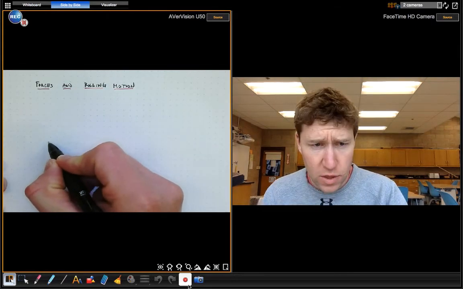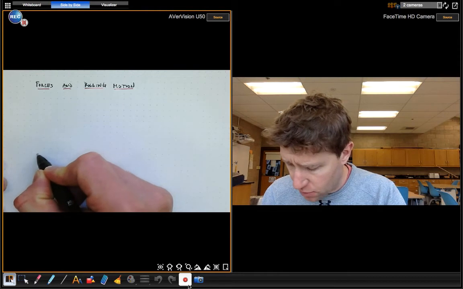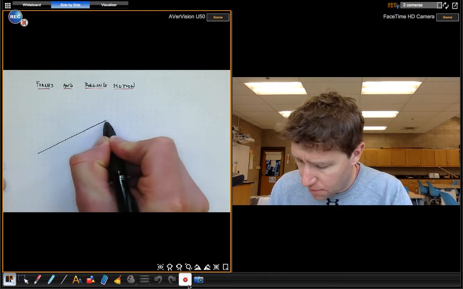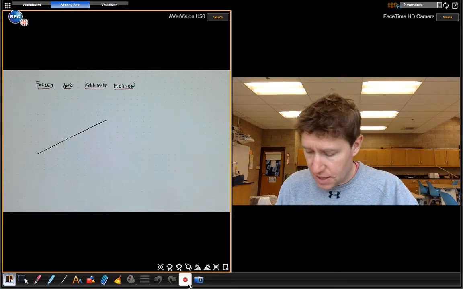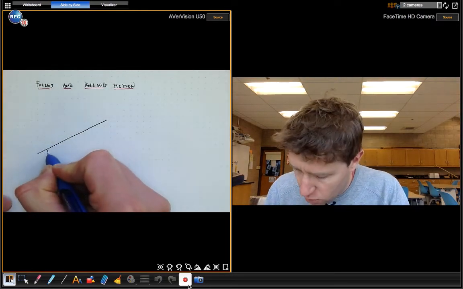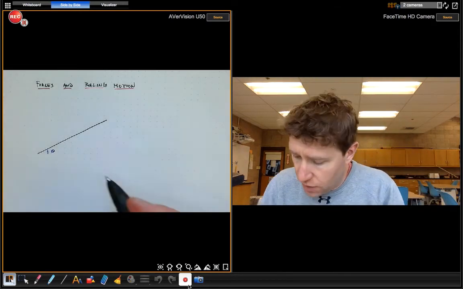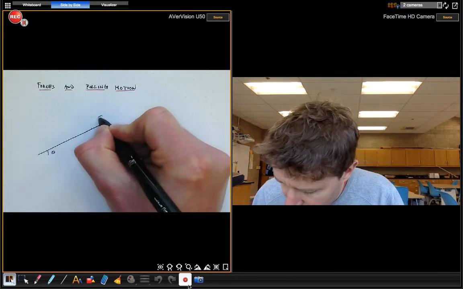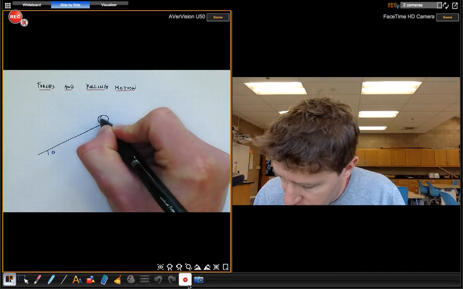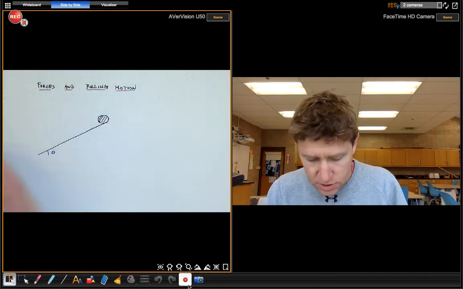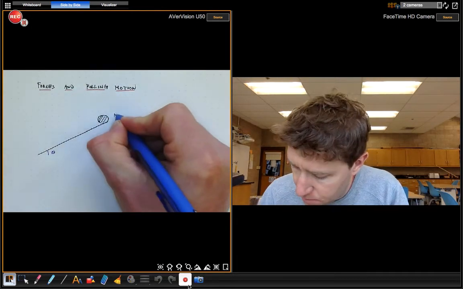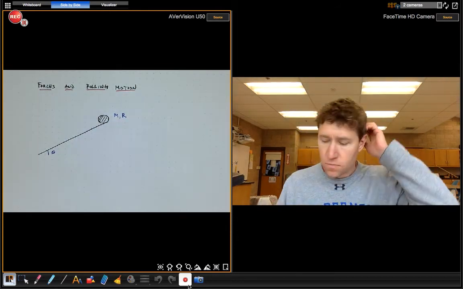Well, let's pick up with a similar type of scenario that we had last time. Let's imagine we have a ramp. Here's that ramp, and we can say that it has some angle above the horizontal, theta. We've got that same solid disk that we had before. We'll say that disk has a mass m and a radius r.